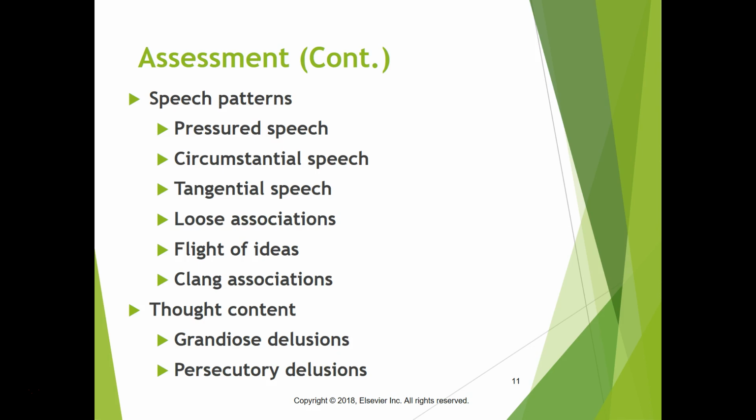But if we pick up on themes of fear, anxiety, sadness, happiness, being upset about their future or worried about their home life, whatever theme we can pick up on is a really good way to communicate with people with these disordered thought processes and speech patterns. Okay, so that was loose associations.